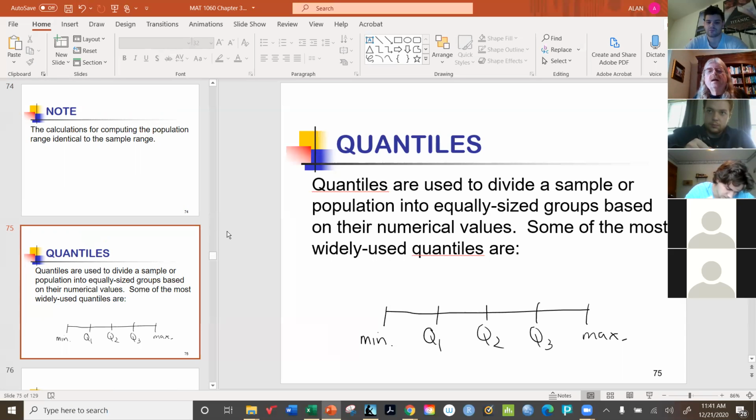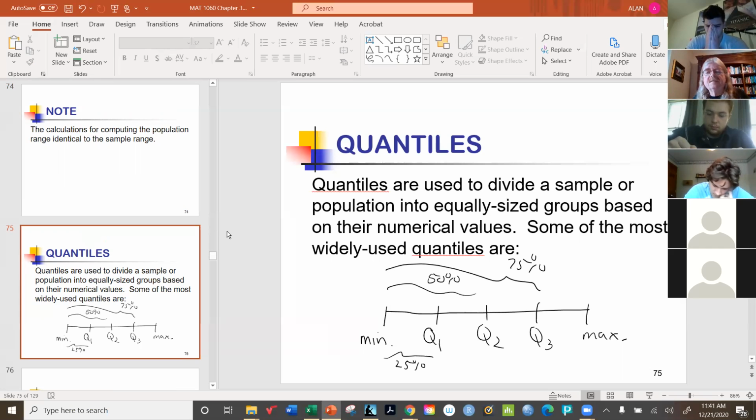This is the bottom 25%. This is the bottom 50%. And let's see. This is the bottom 75% or the top 25%. And then, of course, this covers everything. But in other words, you're breaking it up into essentially 4 equal pieces. And for many applications, that's all you need. Okay.